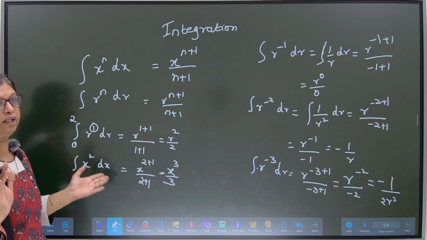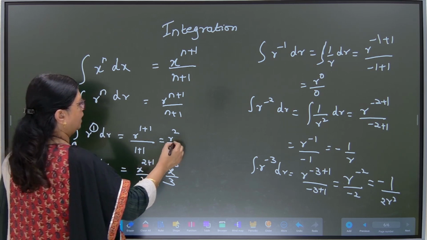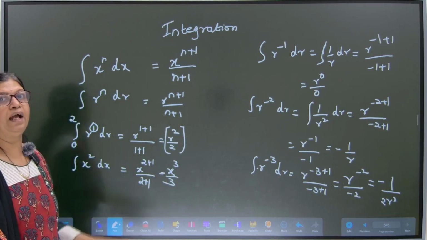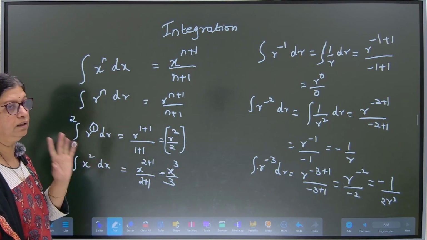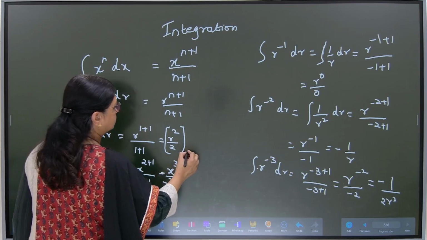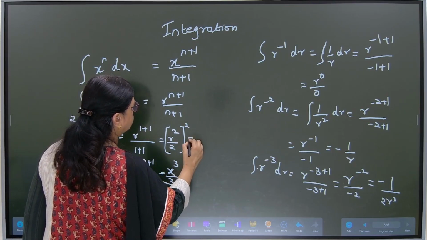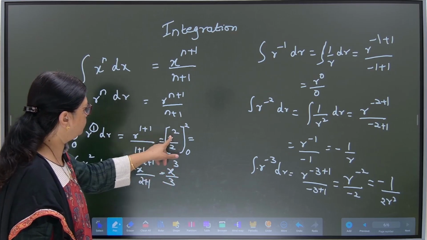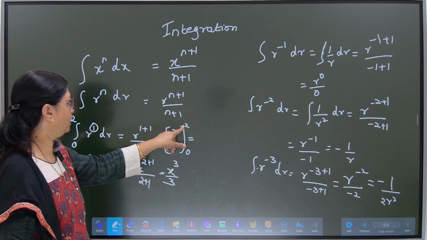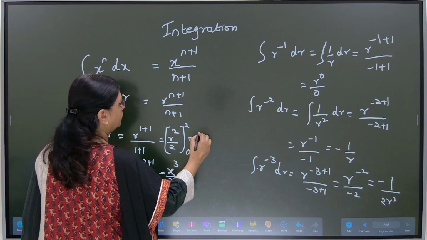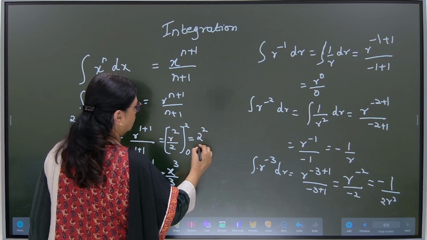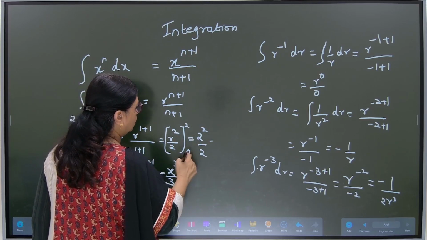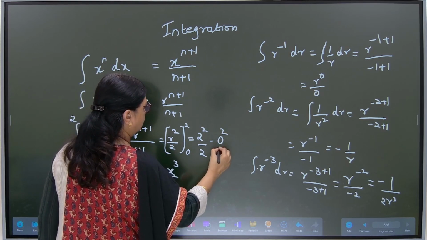So what I should do here? I have to finish my integration. I have finished my integration, and then I have to apply the limits 0 to 2. So how should I apply these limits? Instead of the variable, I write the upper limit, 2 square upon 2 as it is, minus lower limit 0 square upon 2.